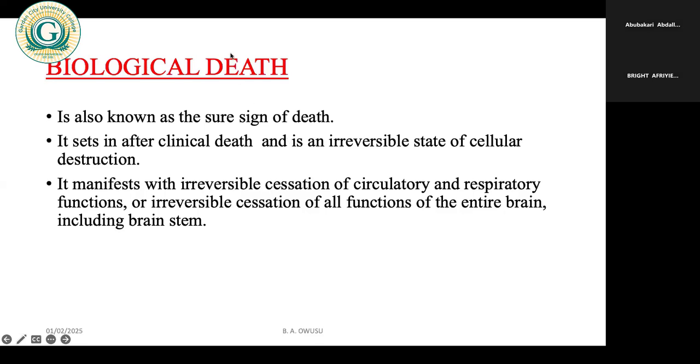Okay, so we move on from there. It sets in after clinical death and is an irreversible state of cellular destruction. It manifests with irreversible cessation of circulatory and respiratory functions, or irreversible cessation of all functions of the entire brain, including the brain stem.